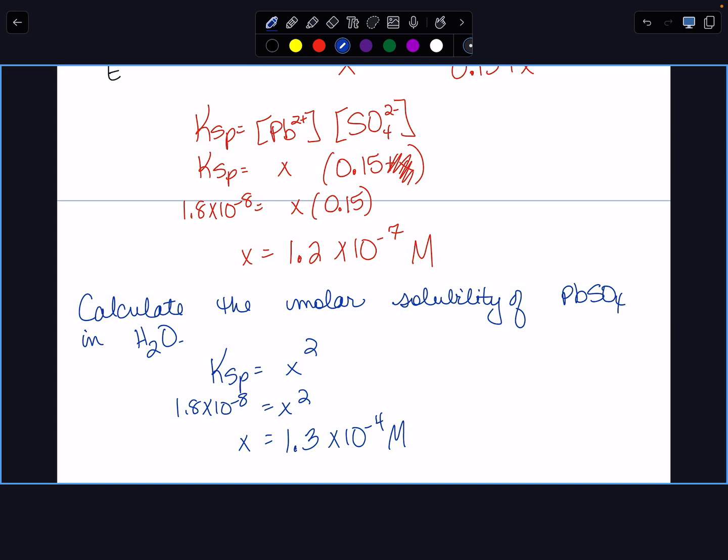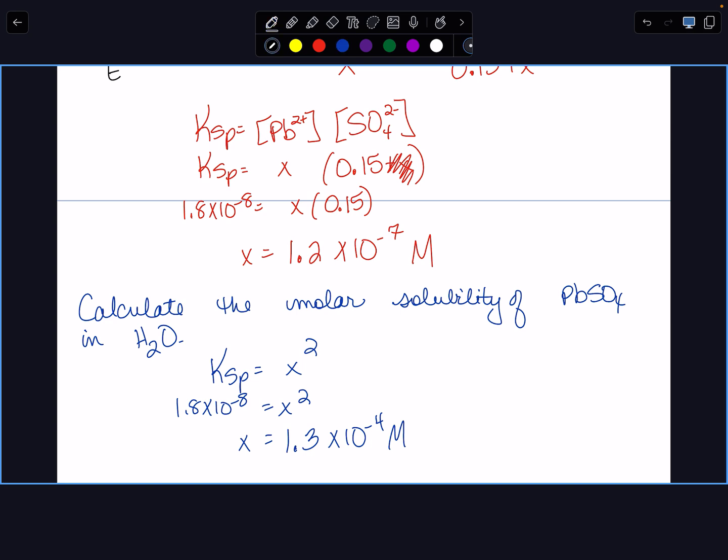When I said in red, if I put it in sulfuric acid versus in blue, when I put it in water, where is it more soluble? Clearly the answer in blue is 1,000 times bigger than the answer in red. So when you have a common ion, you decrease the solubility. And that's how you work with a common ion.